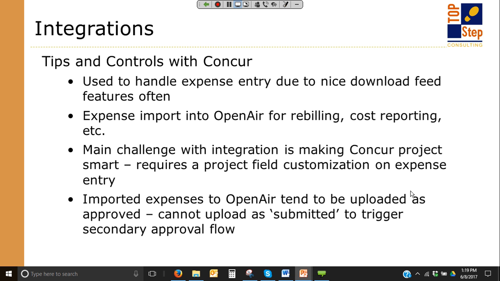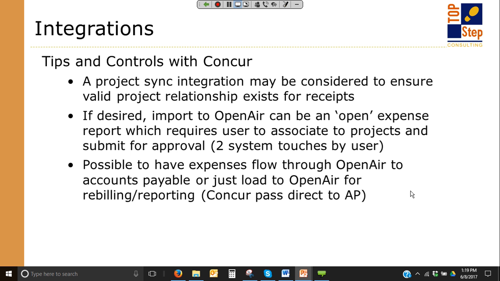Now, some of the tips related to Concur is the fact that Concur is an expense system, and it knows expenses by person, but Concur is not necessarily project smart, meaning that it doesn't have any understanding of projects. It's not structured to handle projects, so that tends to be a configuration or a customization to Concur to have a project understanding.